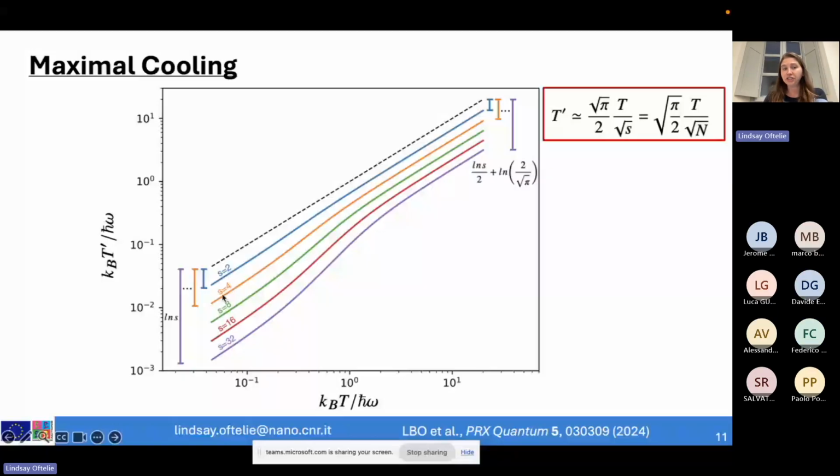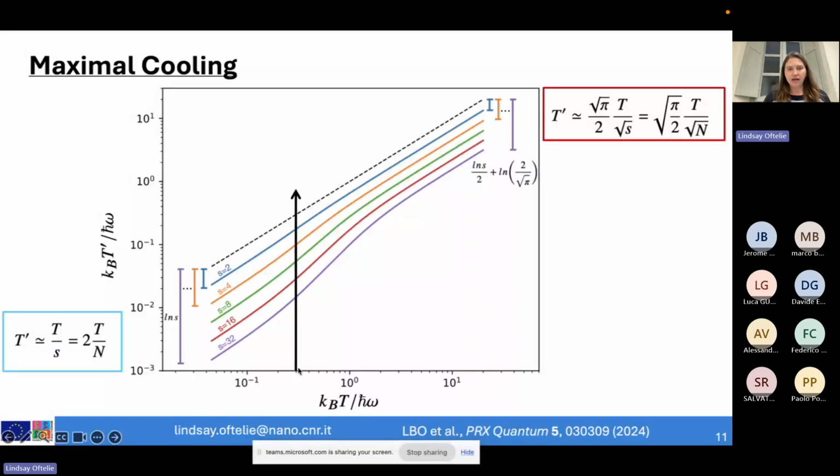Now in this regime, you can clearly see that as you add more qubits, you're getting a lot more bang for your buck. You're getting a lot more cooling power from adding more qubits. And indeed, in this regime, the final temperature, T prime, now scales as 1 over n. So we see a dramatic increase in the amount of cooling you're getting as you add more qubits. So dynamic cooling, therefore, is much more effective in the low temperature regime, which is where our current quantum computers are at today.